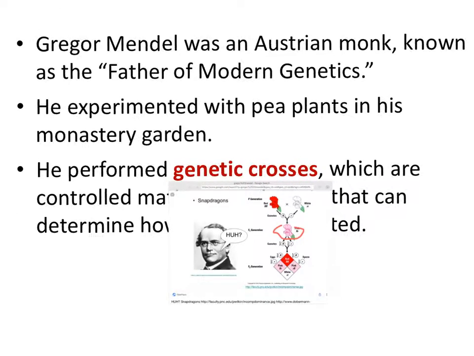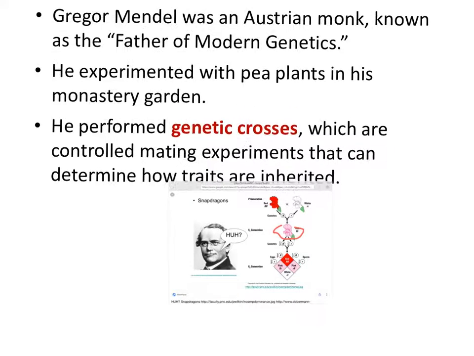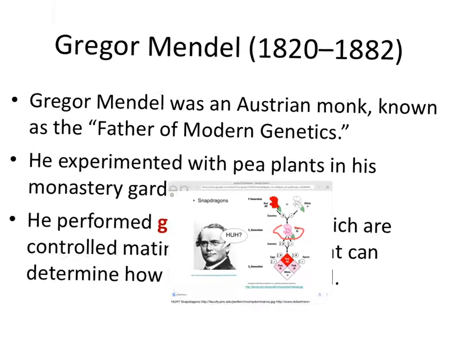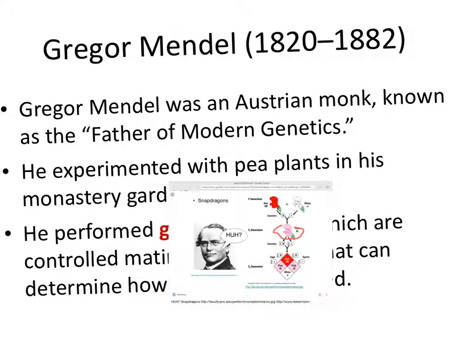He had an experimental garden. He performed genetic crosses, which are controlled mating or manipulative experiments that can determine how traits are inherited. Okay. And because of this problem with blending inheritance, Darwin had a problem.